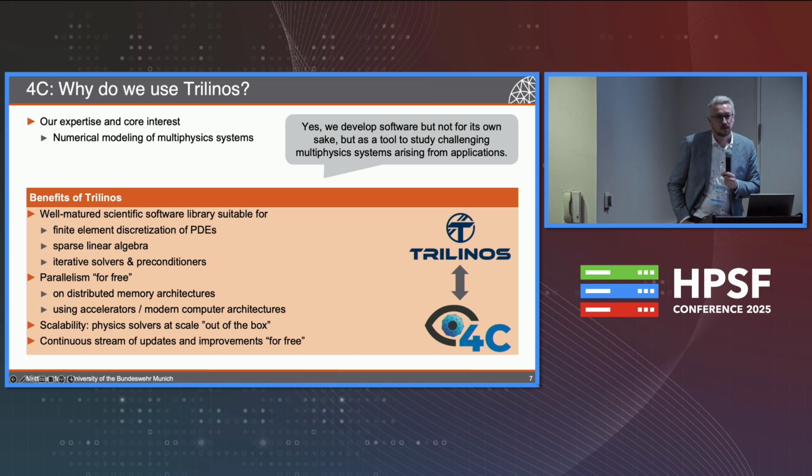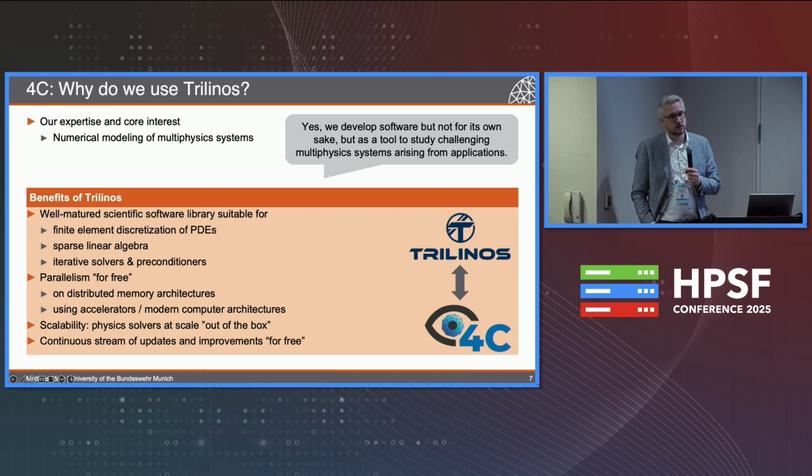So basically, we use distributed linear algebra just through Epetra, or hopefully soon through Tpetra. We don't have to think about all these types of things. And we hope that we can run on modern computing architectures without having to dive into the topic too much.